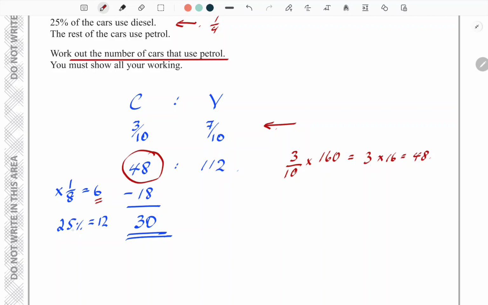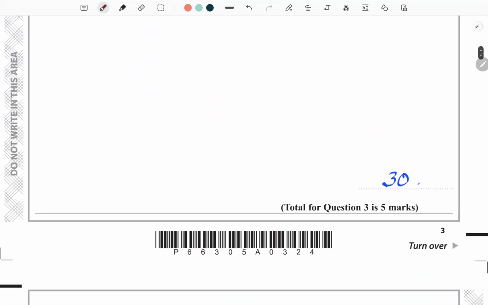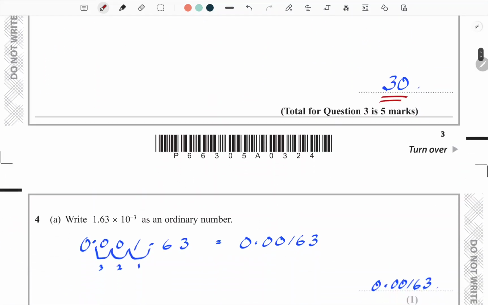And then 25% of 48 is 12. So a total of 18, okay? So 48 minus 18, you're left with 30 that use petrol. So that's your straightforward answer there, 30.